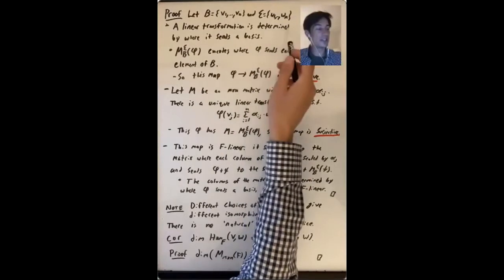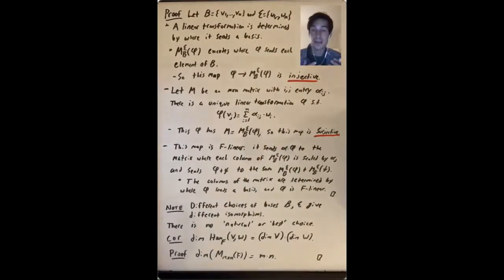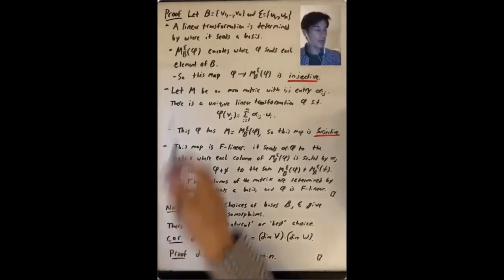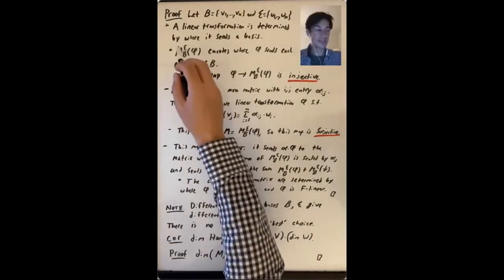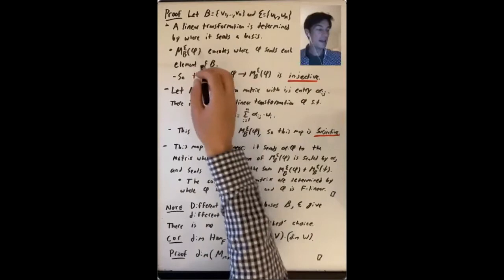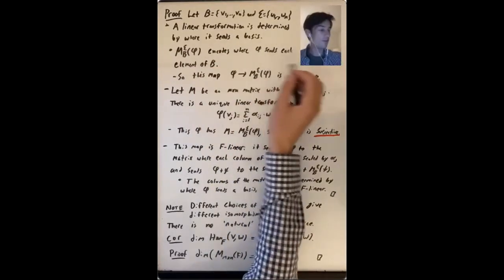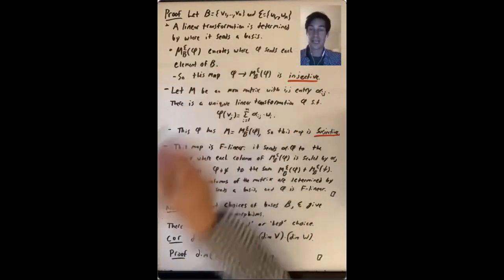A linear transformation is determined by where it sends a basis, meaning if I tell you where a linear transformation sends a basis for V, then I tell you where it sends any vector in V. So if I give you a matrix, M_B,E(phi), this matrix encodes where phi sends each element of the basis.